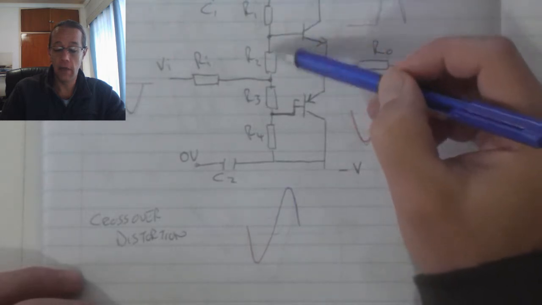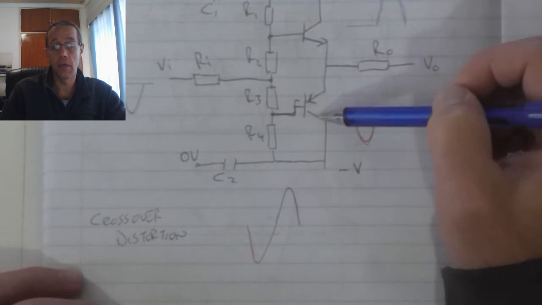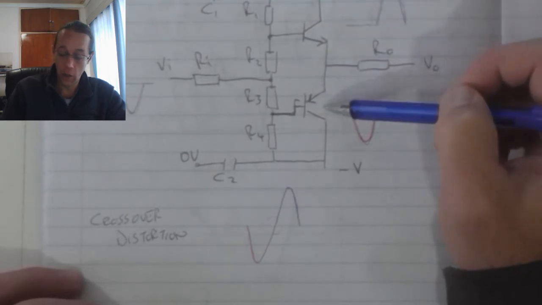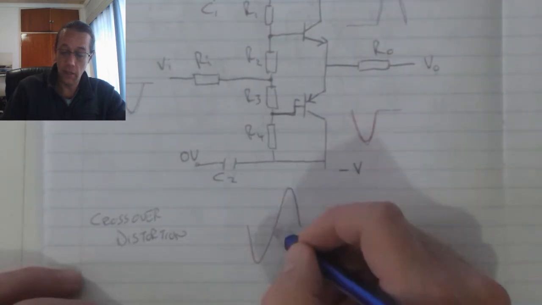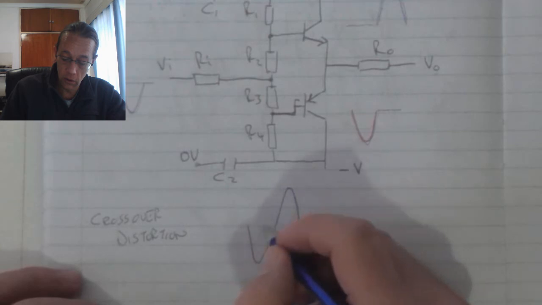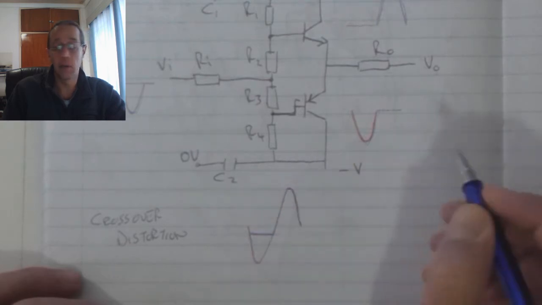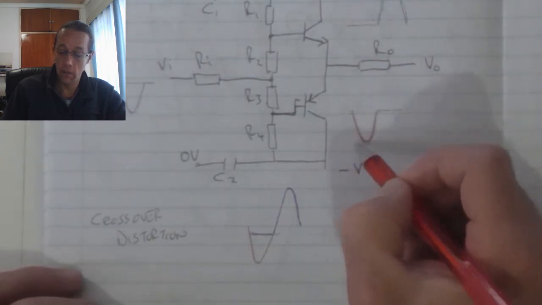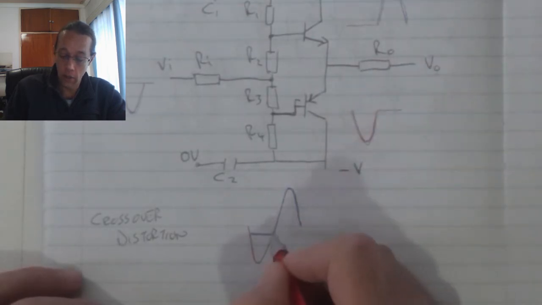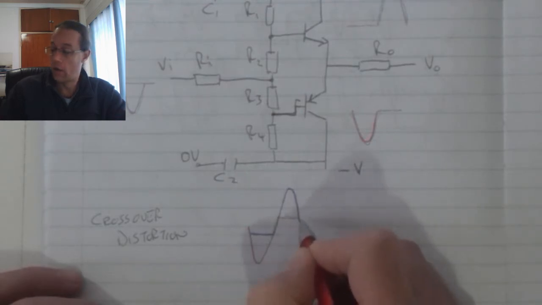So when we replace the values of these resistors in order to allow these two transistors to operate as class AB amplifiers, what actually occurs is my NPN transistor will work during that range, or amplify that range of voltages, and then this PNP transistor will amplify that range of voltages.